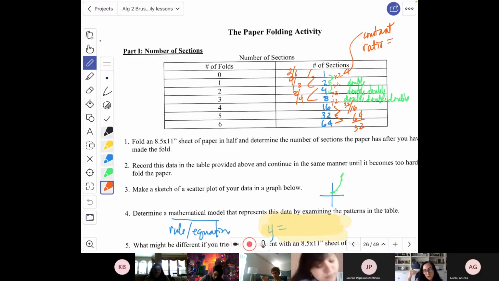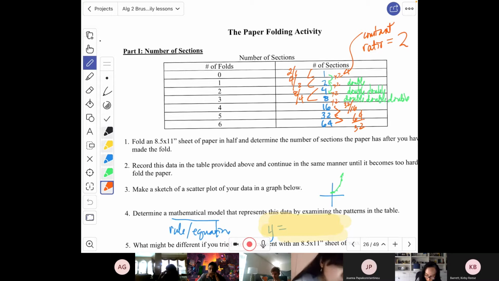If I do the division among my consecutive outputs, what is that quotient? Do the division. 64 divided by 32, 32 divided by 16, 8 divided by 4, right? What does that equal? 2. It is 2. Thank you, Reese.